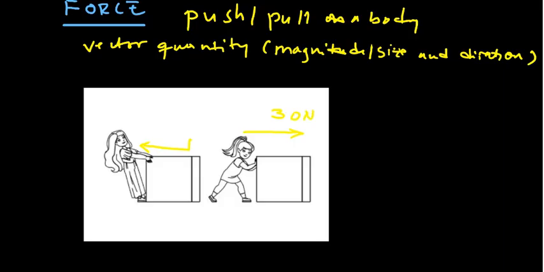Let's assume it is 40 Newton, which is in forward direction, and let's assume that this one is applying a force of 40 Newton, which is in backward direction. By setting direction, we can impose a negative sign when you're pulling backward or downward, and this one we can assign a positive sign because she is pushing in forward direction.